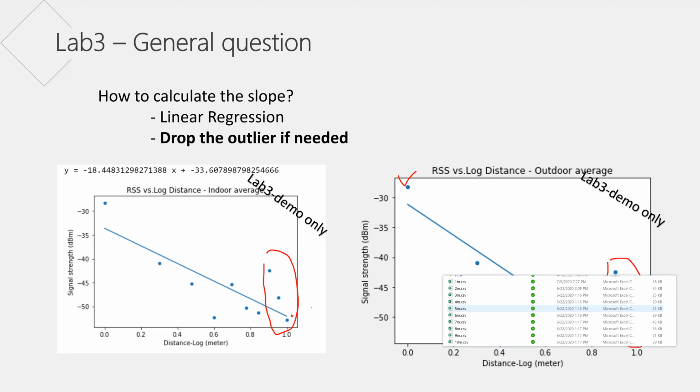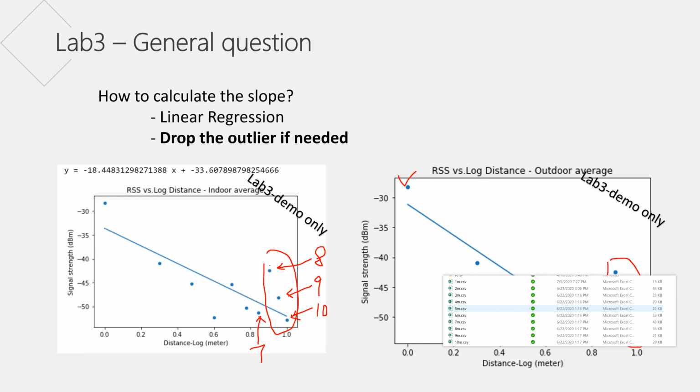This one is 10, this one is 10, and this one is 9, and this one is 8. But I made a mistake when I collected the data. You can see the average RSS, the signal strength, at 8 meters is even better than at 7 meters, right?